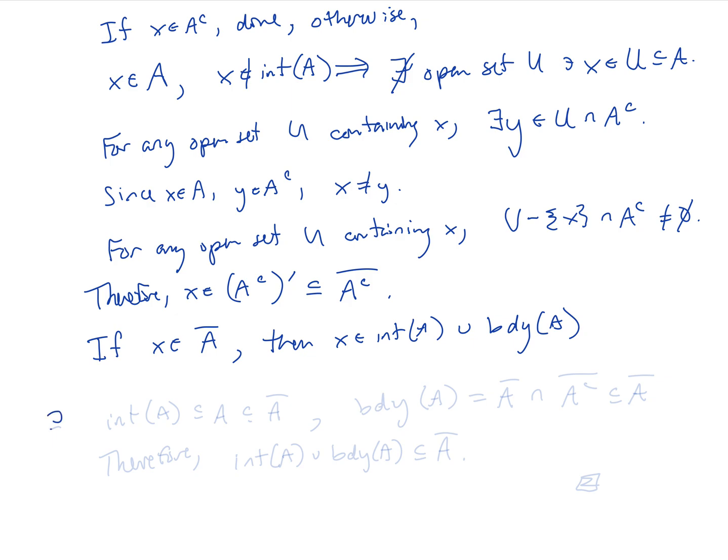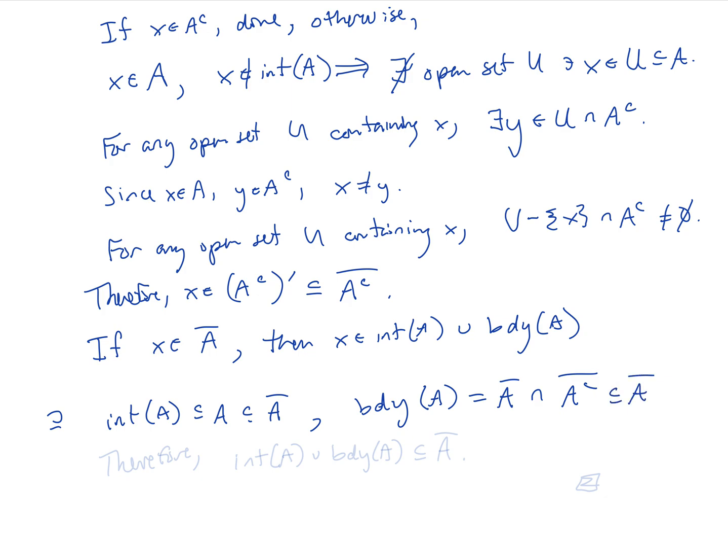The reverse inclusion is a lot more straightforward. So for the reverse inclusion, we know that the interior of A is a subset of A, and that's a subset of A closure. And we also know that the boundary of A is equal to A closure intersected with A complement closure, which is itself also a subset of A closure.